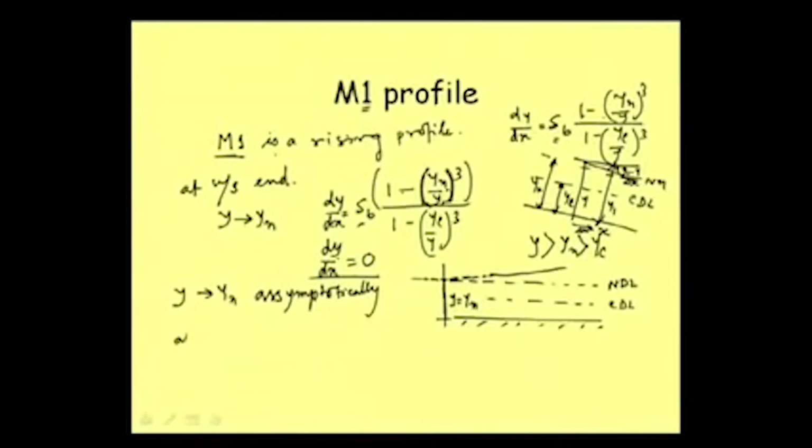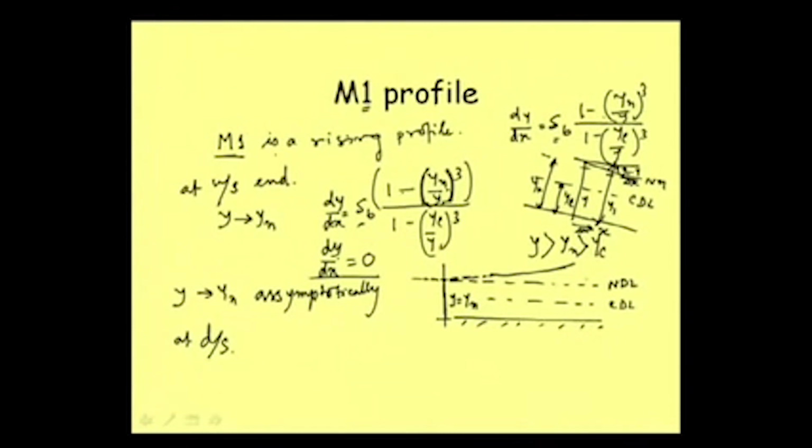Well, then at the downstream point what will happen? It is rising like this, then to what extent will it keep on rising? In fact, when we get an M1 profile, then it is above normal depth.